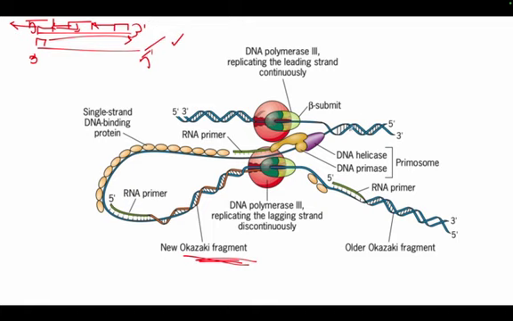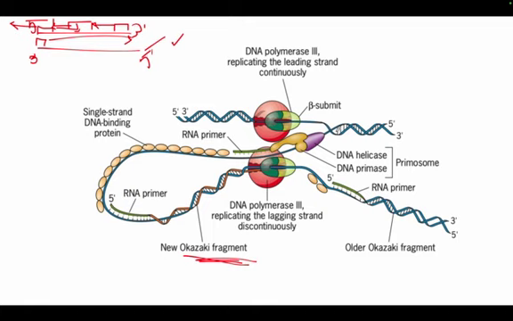So here you can see we've separated the DNA helix into this strand. This is the 3' to 5' strand, where it's easily replicated, because this is going in the same direction as the direction of movement of the polymerase. So here we have replicating the leading strand continuously, as we discussed.